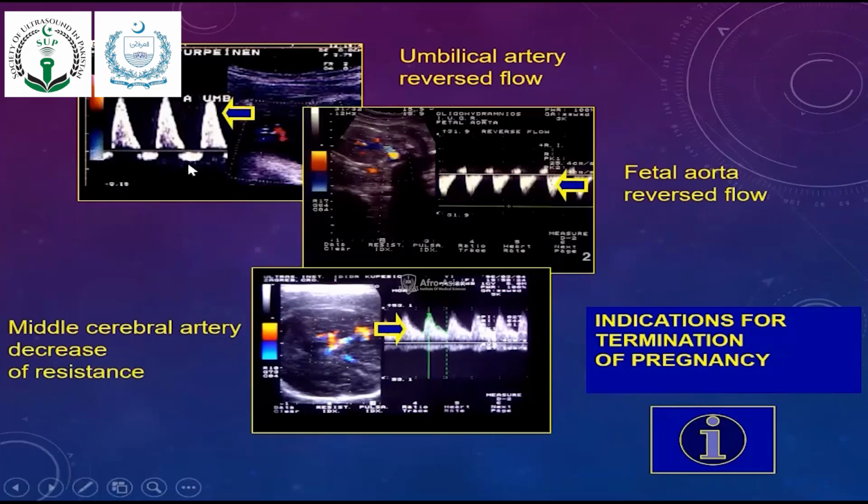This is the umbilical artery with reverse flow, and the fetal aorta with reverse flow; the spectrum is upside down. Then there is the middle cerebral artery, with degrees of resistance, an indication for termination of pregnancy.